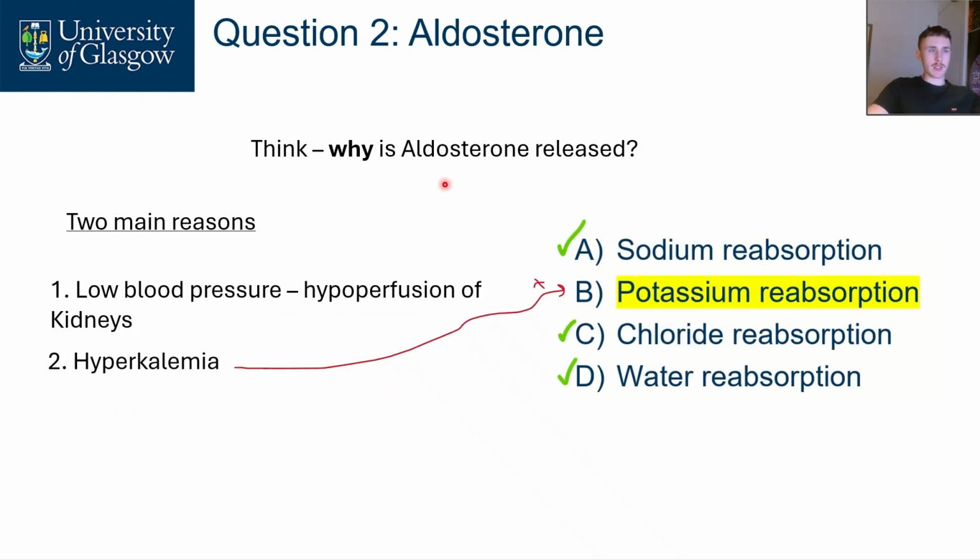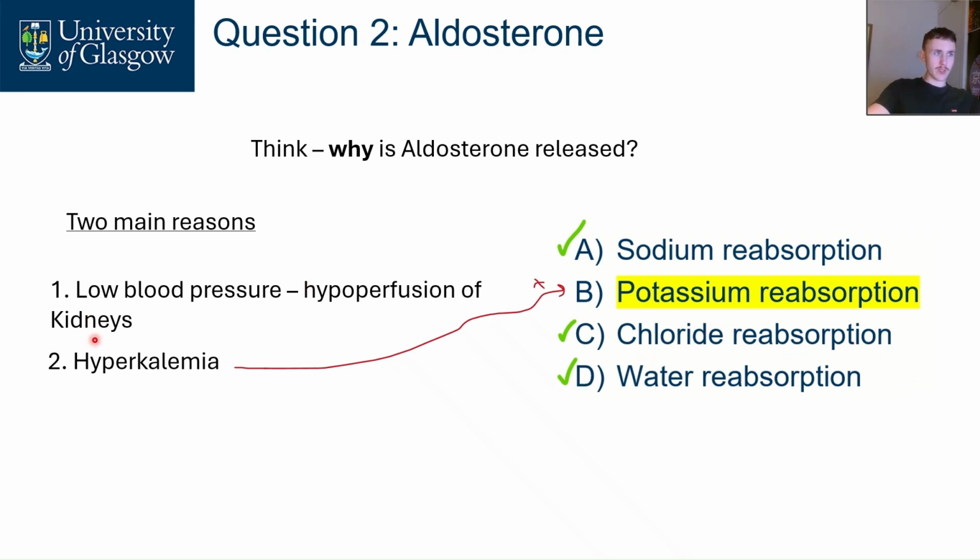So let's think, why is aldosterone released in the first place? So the first reason is hypoperfusion of the kidneys caused by low blood pressure or blood loss, water loss. The kidneys respond by triggering the renin, angiotensin, aldosterone system. Aldosterone is released, and helpfully in that scenario, it triggers sodium reabsorption, chloride reabsorption, and water reabsorption to sort of try and restore blood volume.